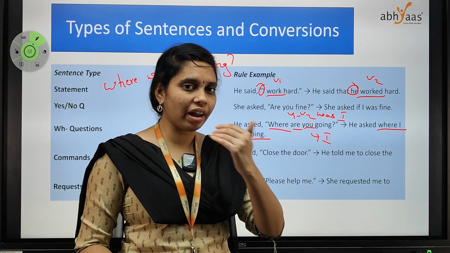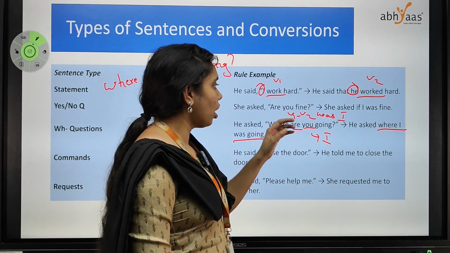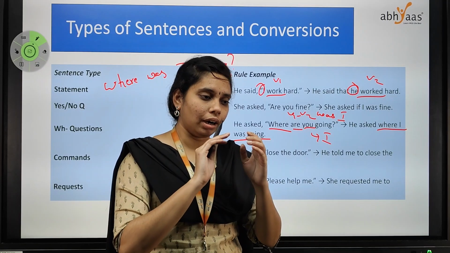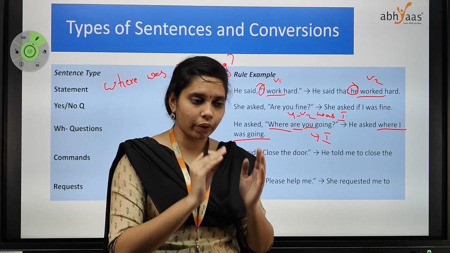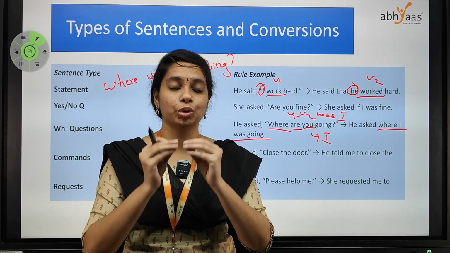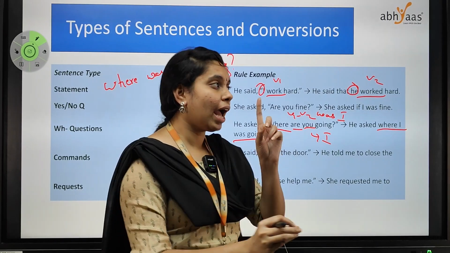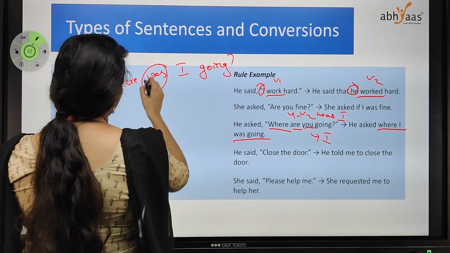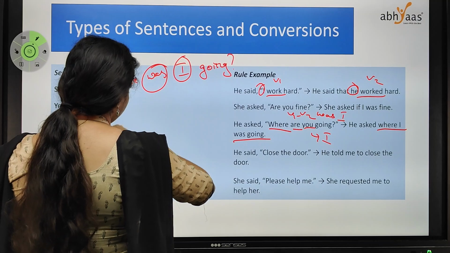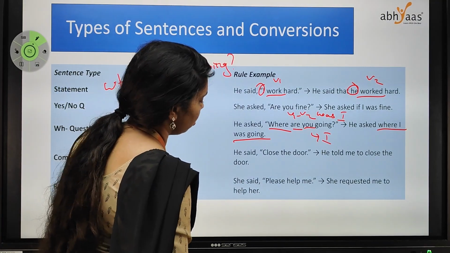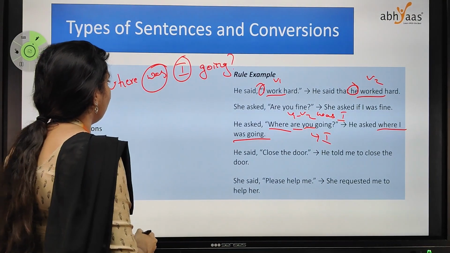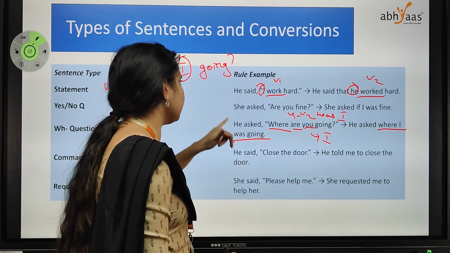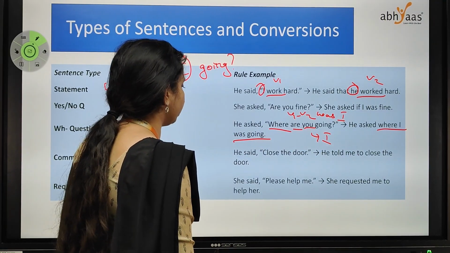So always remember that you cannot convert a direct speech question into an indirect speech question. It should always stand as a statement, and for that you should not use a helping verb before your pronoun. It should always be where I was going. If you put was in front of I, that becomes a question again.